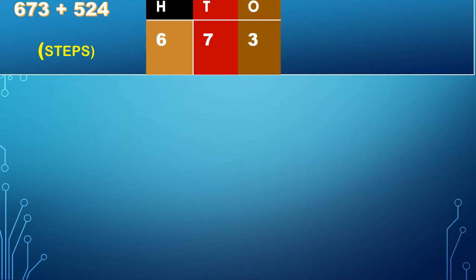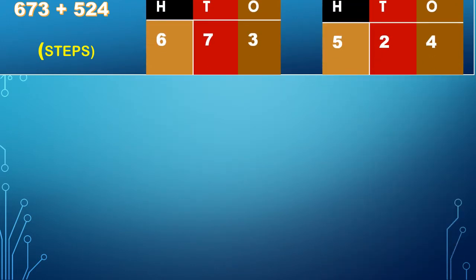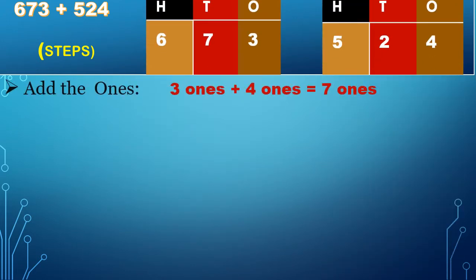Now follow the steps. After placing them according to place values, first of all add the ones. Here, 3 ones with 4 ones will give you 7 ones.